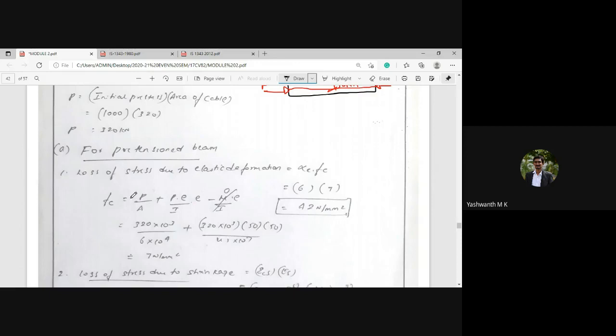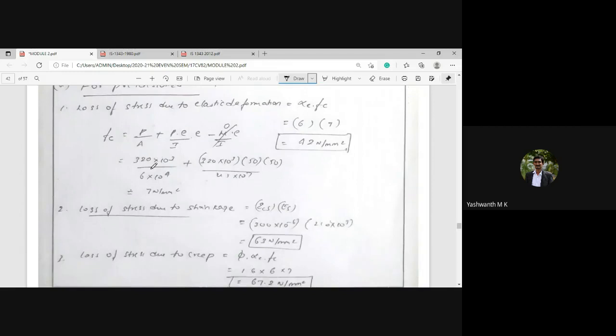What is left is P by A plus PE by I into E. Substitute that. We know what is P, we know what is A, and we also know the eccentricity, 50 millimeter. You will get 7 Newton per millimeter square. Please be careful. We want FC in Newton per millimeter square.